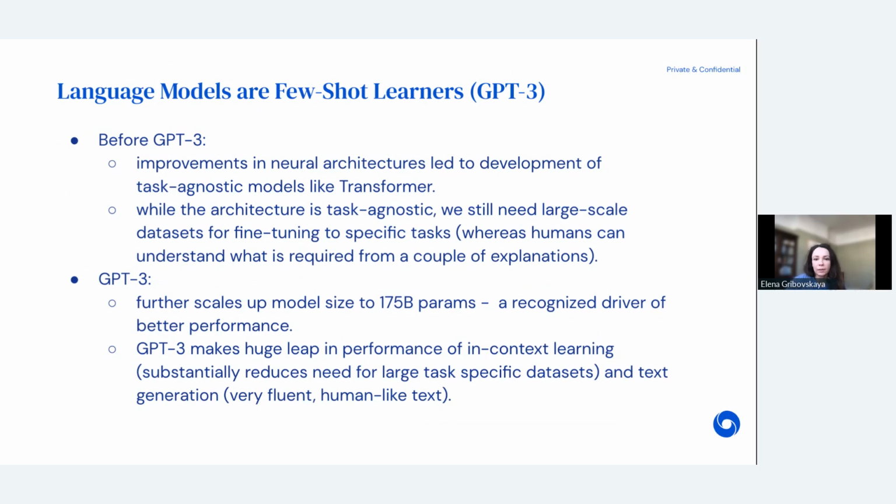I will explain in-context learning on the next slides, but at a high level, in-context learning substantially reduces the need for large task-specific data sets. And GPT-3 also, as you've seen on the previous slide, and you can find many examples on the internet, has impressive abilities for text generation, very fluent human-like text.